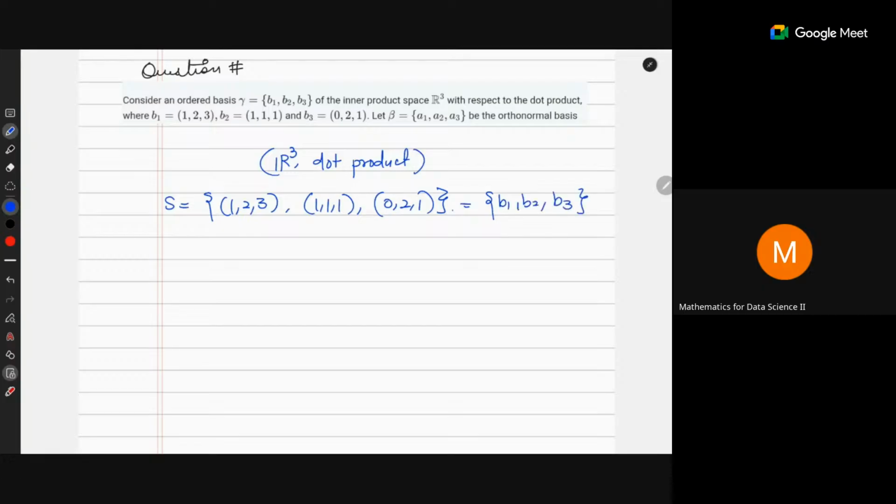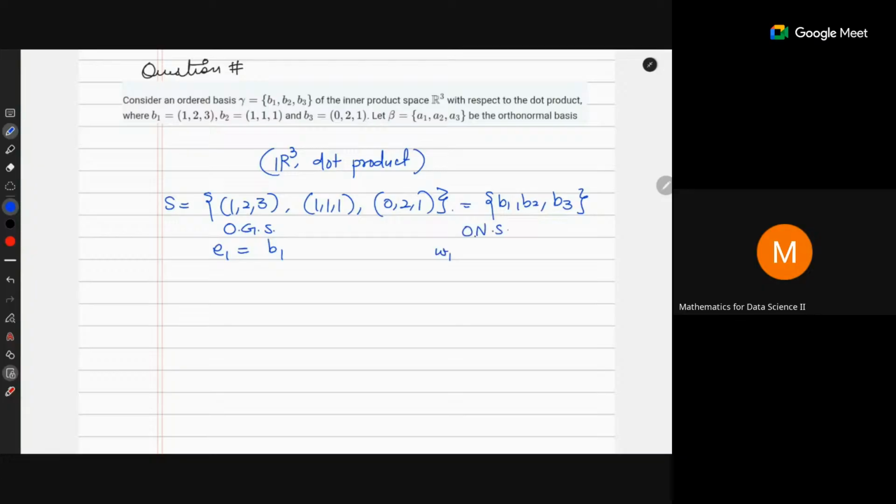So what does the Gram-Schmidt process do? We take the first vector itself and keep it as the first orthogonal vector. So let's call E1 to be B1. Now the norm of B1 is not equal to 1. So on one side I will be constructing the orthogonal subset, and on the other side the orthonormal subset.